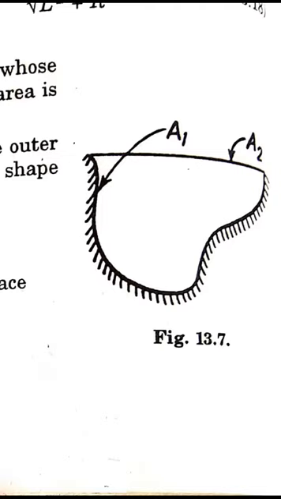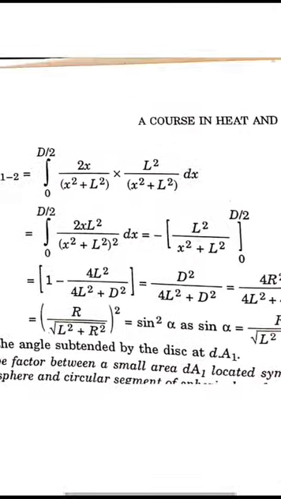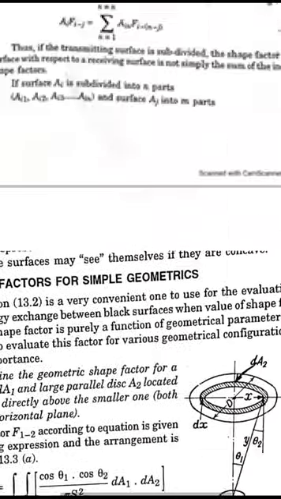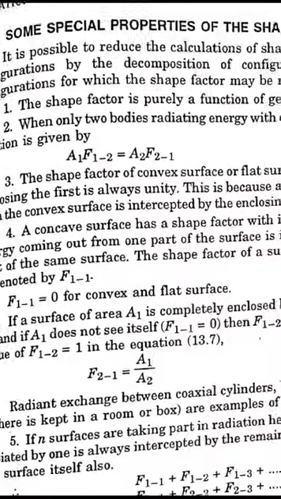Then another thing, shape factor of 1 with respect to 2, which is a flat surface, is 1. This is what I have to tell about the shape factor of a concave surface with itself.